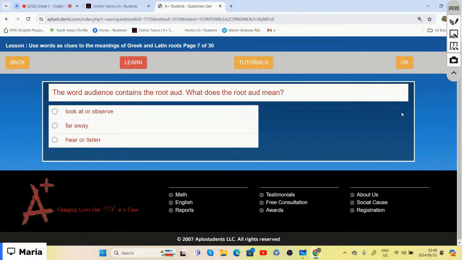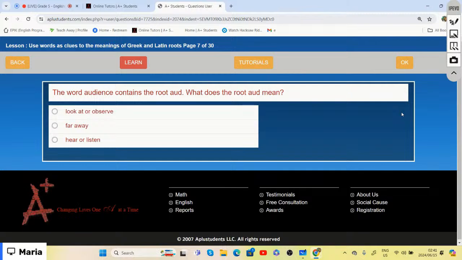The word audience contains the root aud. What does the root aud mean? Think of audio, something that is to do with audio. Does audio have to do with looking at or observing something? Or something that is far away? Or something that you can hear or listen?